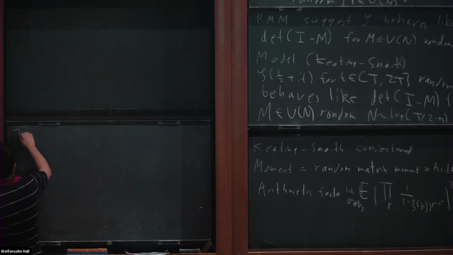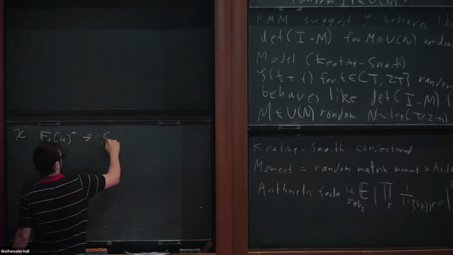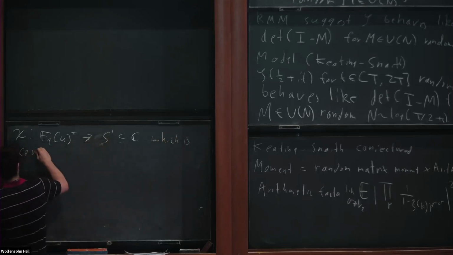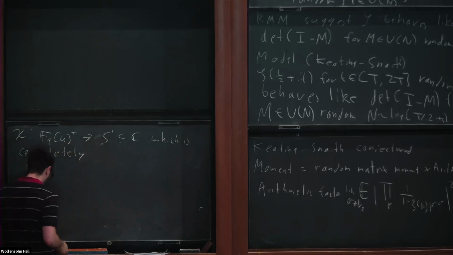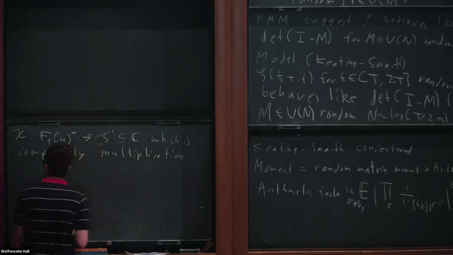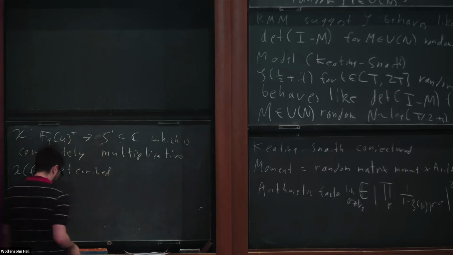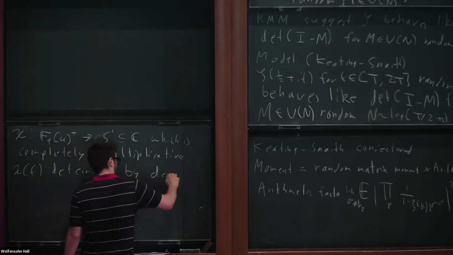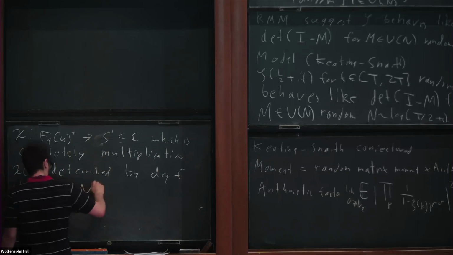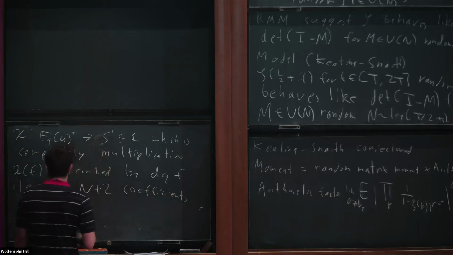I'm going to consider a function chi from F_q[u]^+ to the complex numbers, or let me say even to the unit circle inside C, which is completely multiplicative, where chi of f is completely determined by the degree of f and the leading n plus 2 coefficients, but not for n plus 1.